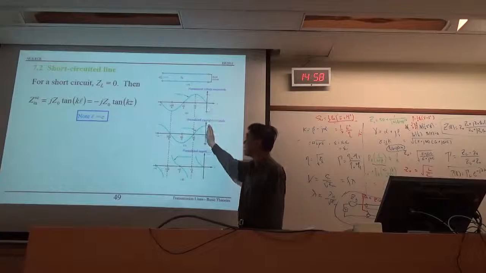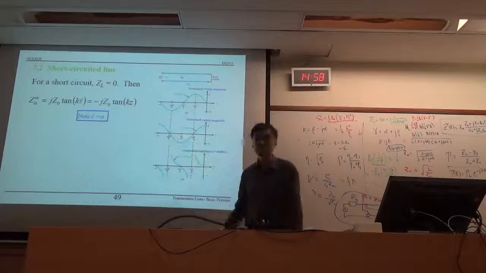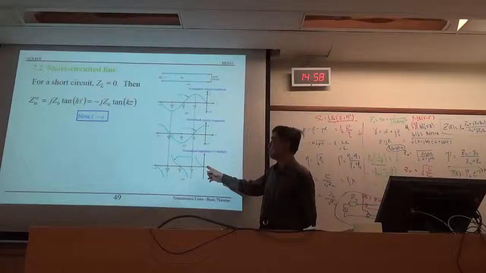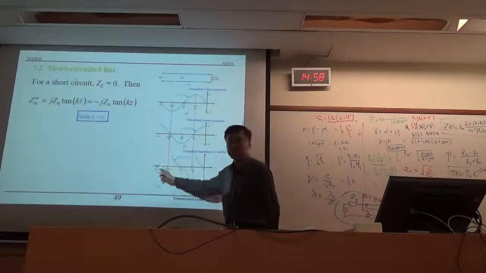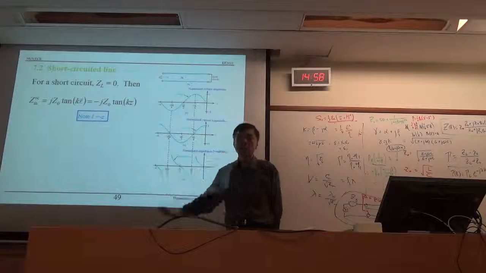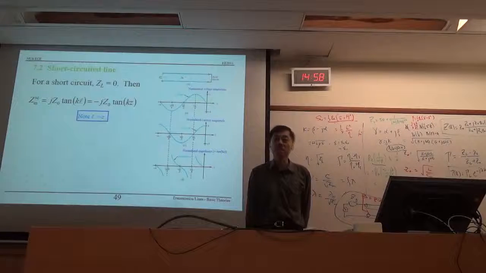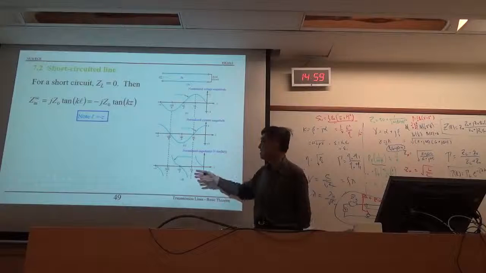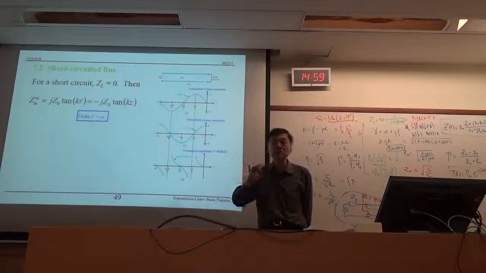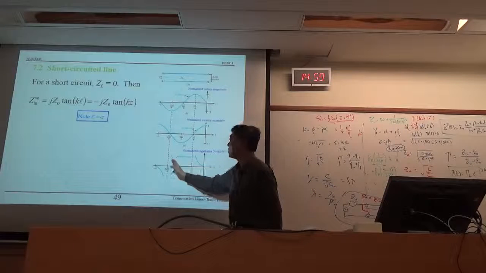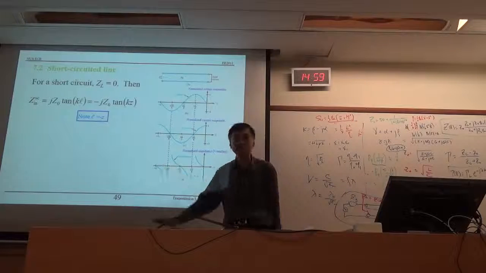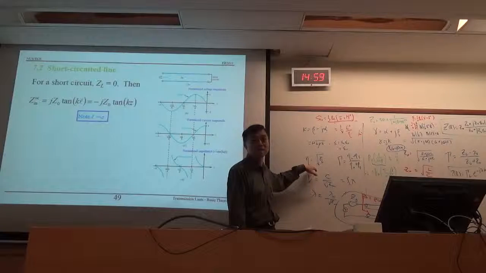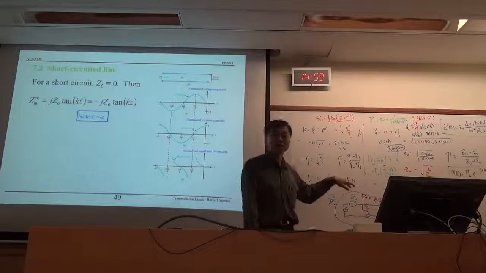The only difference is that at that time we did not plot the normalized input impedance along the line. Remember, this input impedance is not the same as this zeta.